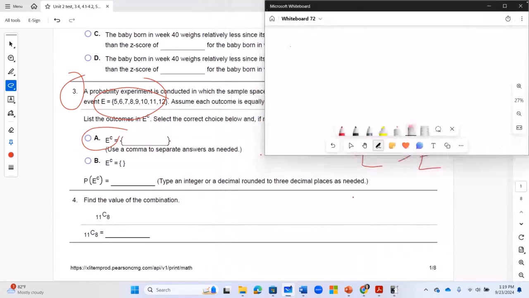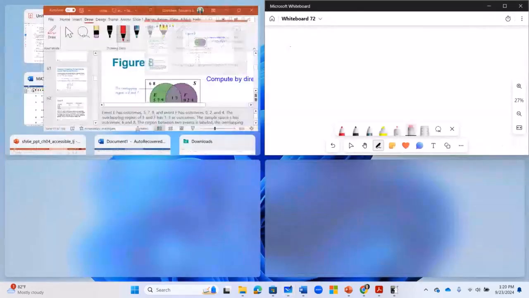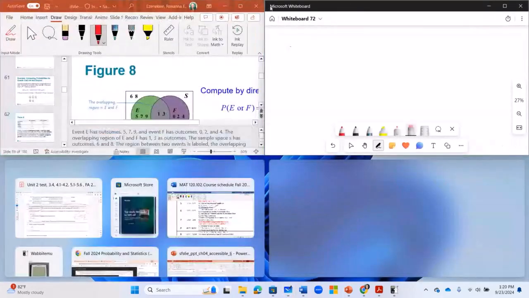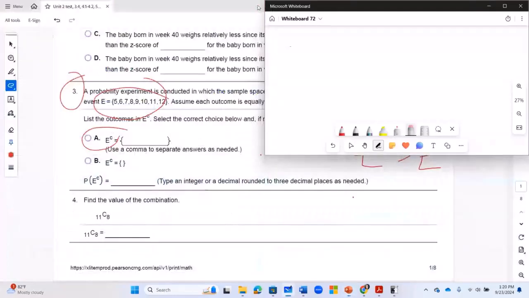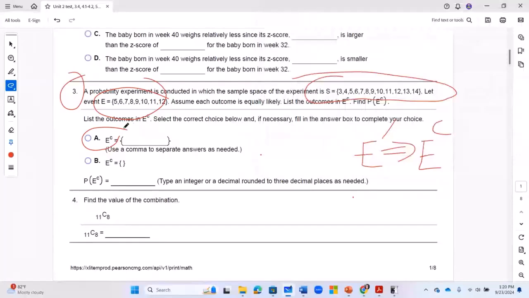So now I get my pen and take away everything that is in. Note these things are in my event E, and I'm told to find E complement. So I cancel whatever is in E. I'll cancel 5 here.